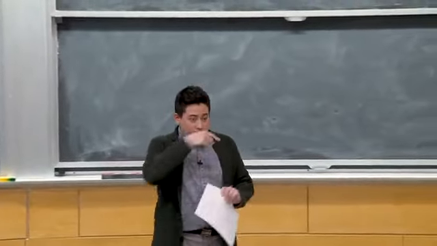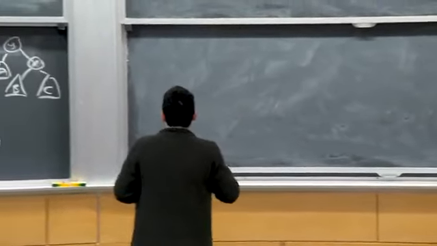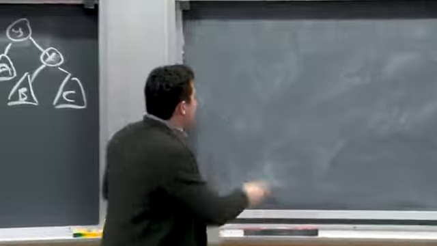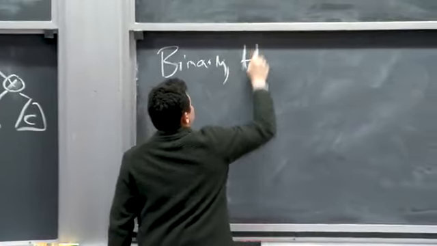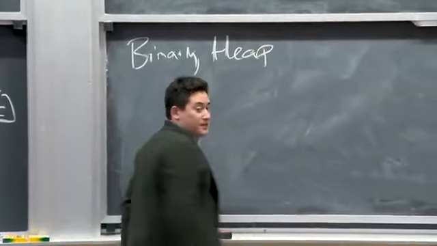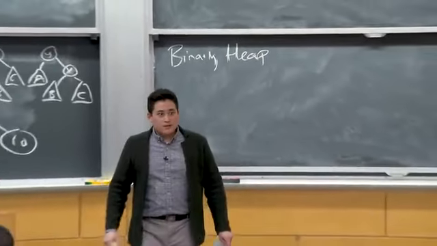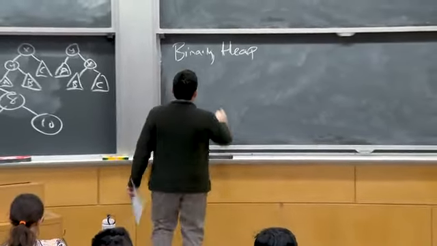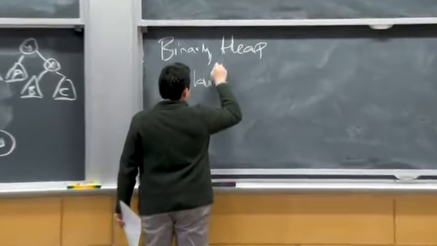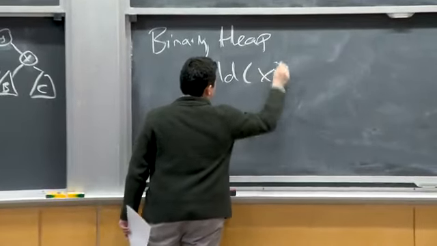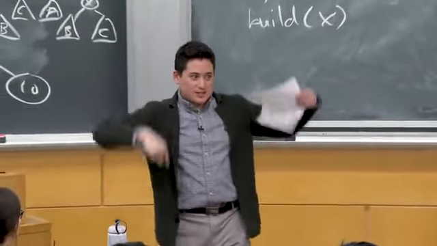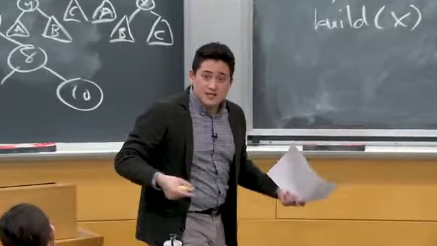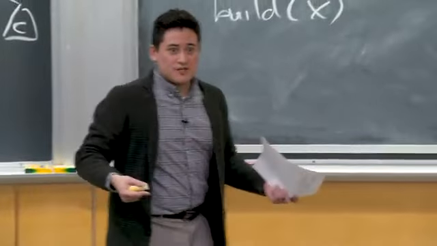Binary heaps are an interesting thing that implements a subset of the set interface. Really, you can build on some iterable x. I collect a bunch of things. These items have keys. It's a key data structure in the same way.